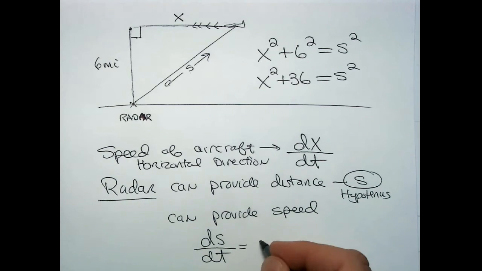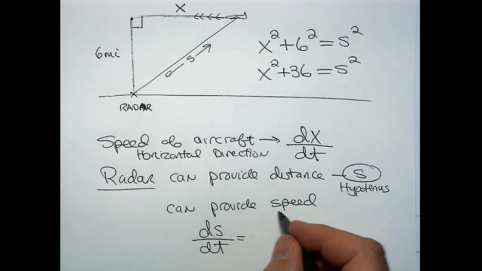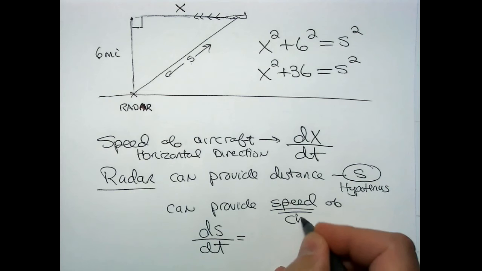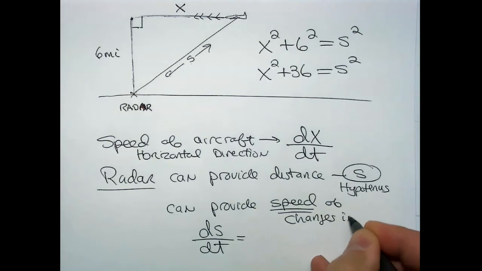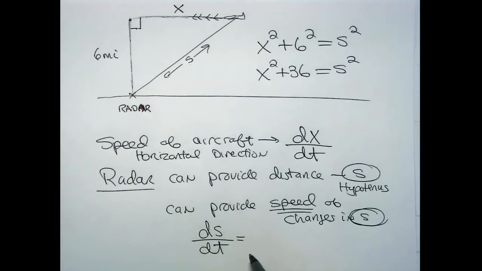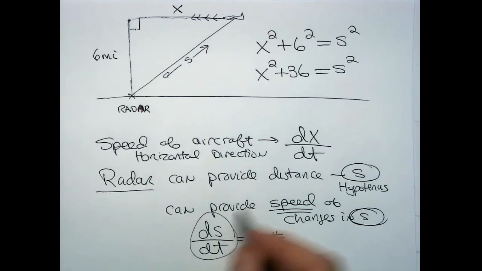So ds/dt can be provided by the radar, the speed of changes in s only. It should be negative if the aircraft is flying towards us, and it'll be some number. So there they are again, two rates.